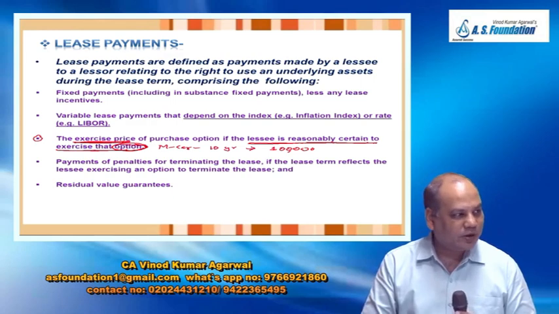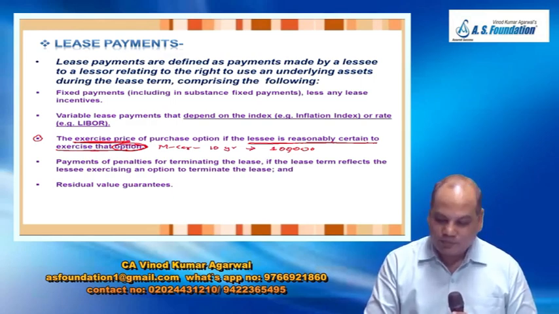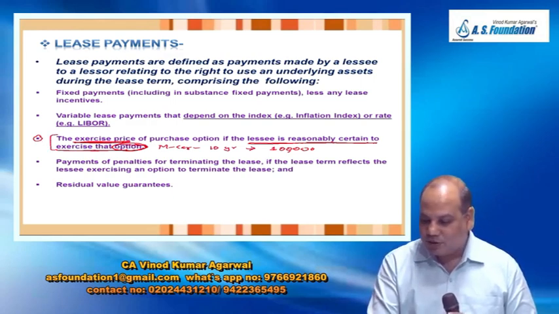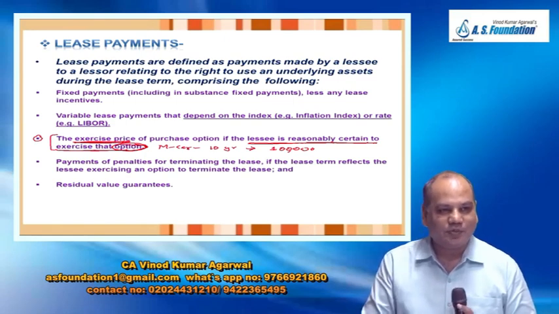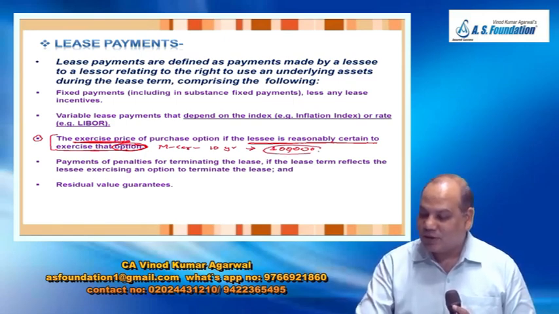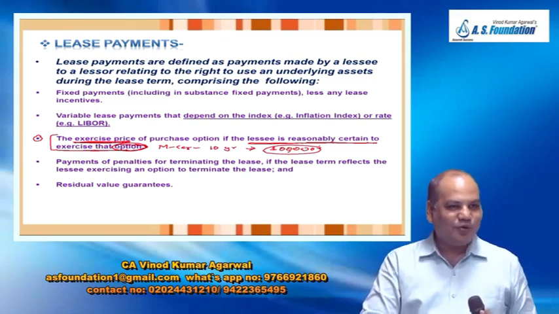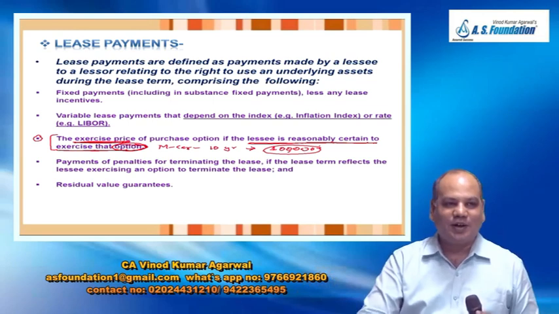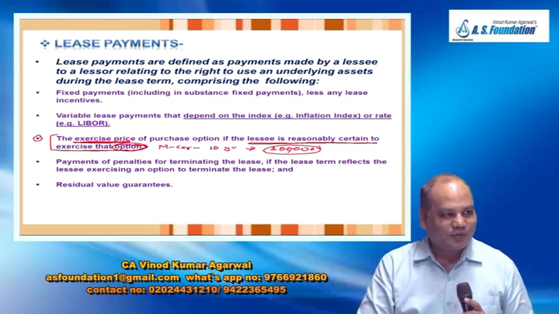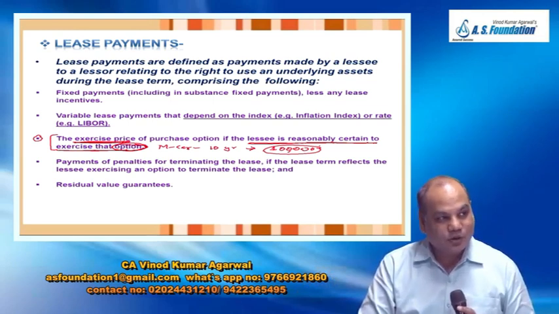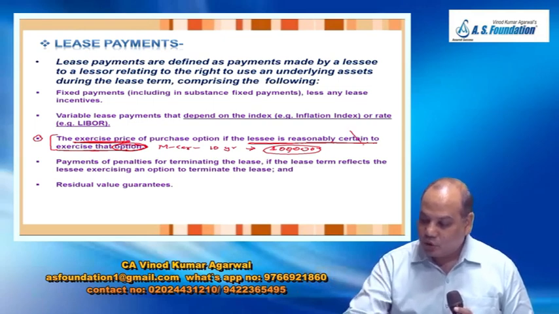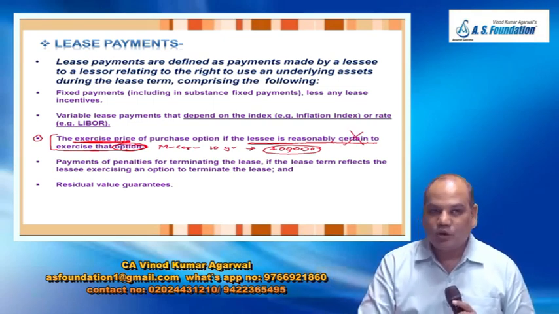Some subjectivity is there, I can't help it. Most probably, yes, we will exercise the option. A Mercedes car which is 10 years old for 1 lakh is still a good deal. If you don't want to use it, you can even sell it in the market and make some profit out of it. Is it right? So then you consider. But if it is not certain, don't consider.